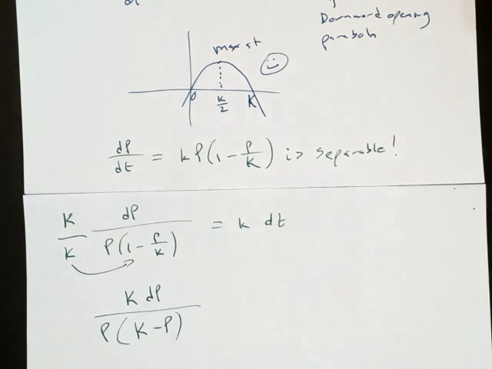Now, why would I do such a thing? We do such a thing because the right-hand side is trivial. It's only this left-hand side that I have to worry about doing the integral of. But this is partial fractions.